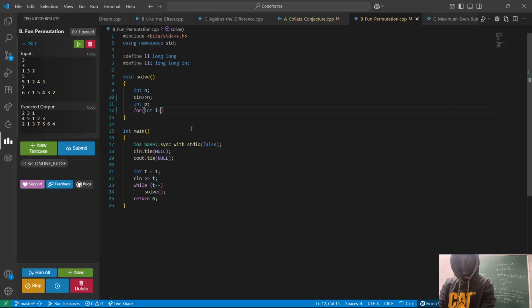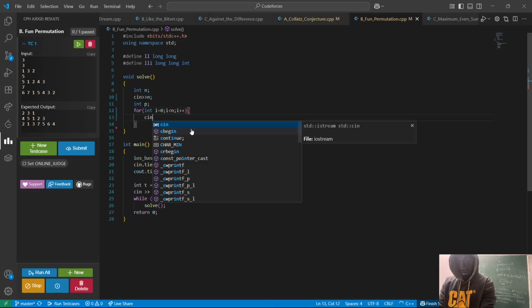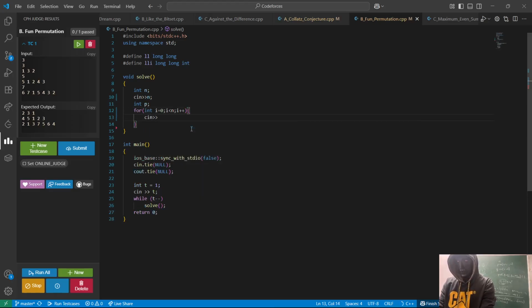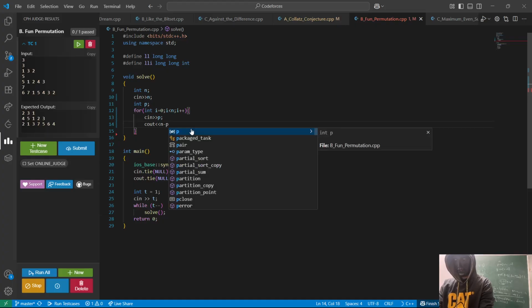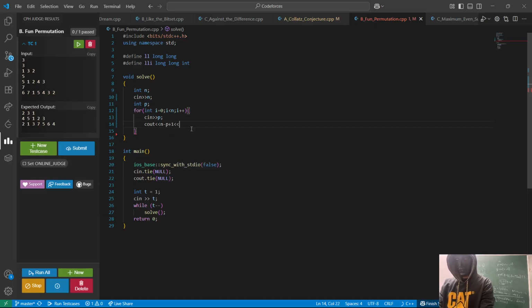For int i equal to 0, i less than n, i plus plus. For every p of i element I'll be taking in p, and I will not be taking a vector or storing those elements. On the go, basically, I know the formula n minus p of I plus 1. So on the go I'll be displaying those values. So that will be n minus p plus 1.